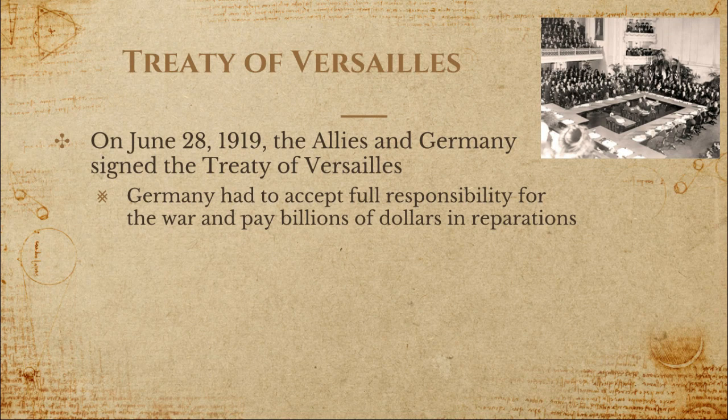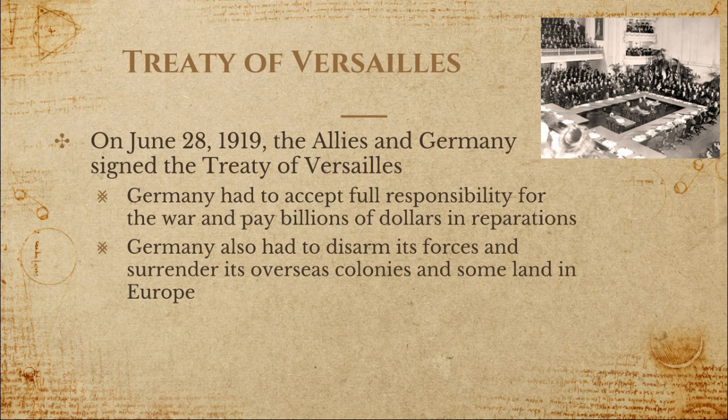This would essentially cripple the German economy and further damage that country. Germany also had to disarm its military forces and surrender its overseas colonies and some land in Europe, again stripping Germany of much of its imperial gains.